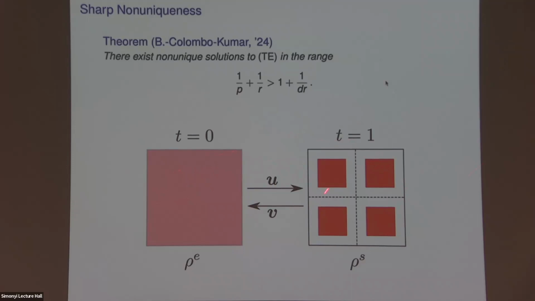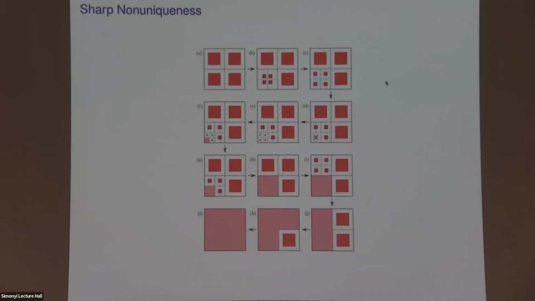So let's start from the four squares configuration and try to converge at time 1 to the constant density. Here is what happens in our example. We start from these four squares, and then after some time, I don't want to be precise on the time length, the first square over here is broken into four pieces.